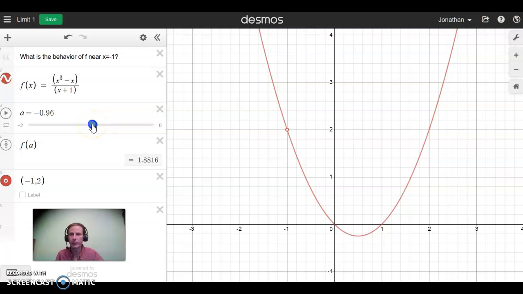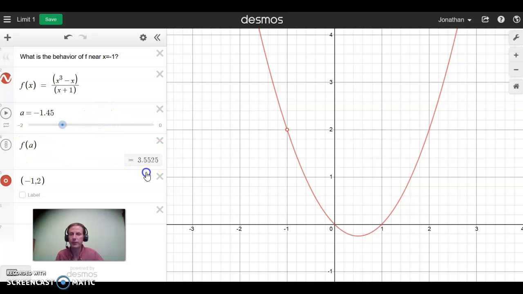They're at 1.8 right now, and if I move it even closer, the closest I can make it is a equals minus 0.99, and we get f of a to be 1.97, and you'll notice it's very close to the number 2. F of minus 1 is undefined, which it says, so that's nice to see.